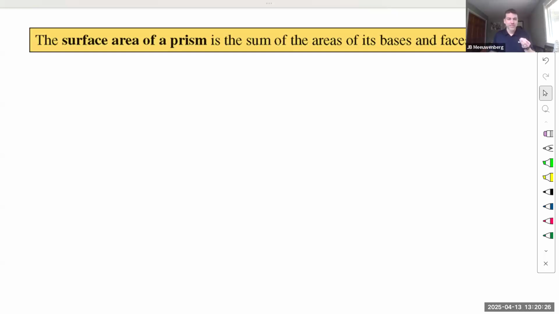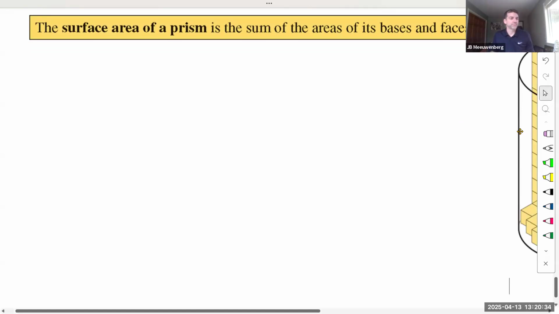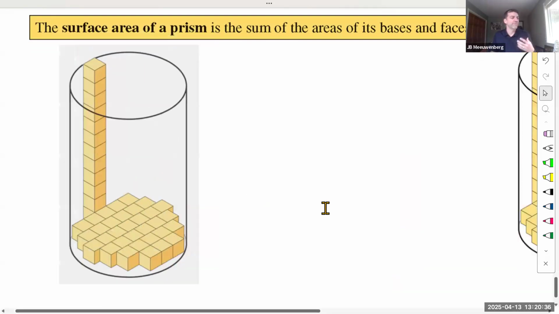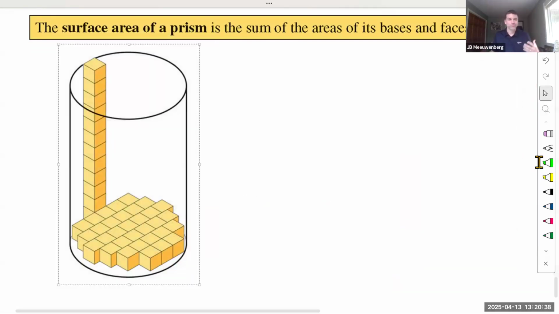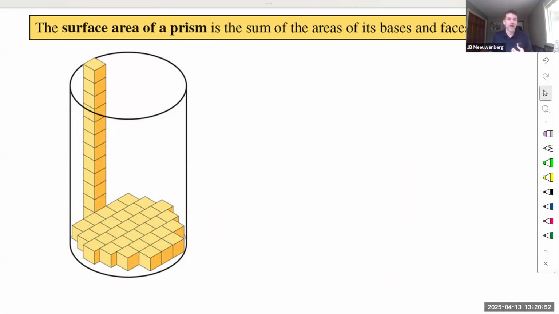So let's do a little examination here. The first thing you might try, if you're going to try to teach this, is you might have students try to fill a cylinder with blocks. But the problem with that is you're going to have this space on the sides, right? And so you can get a rough estimation, but you know you're going to be a little bit short.